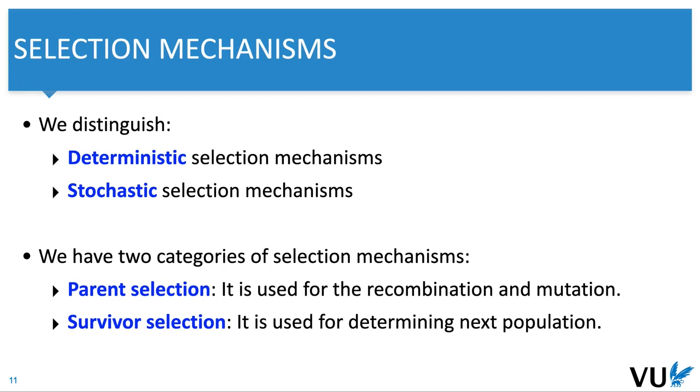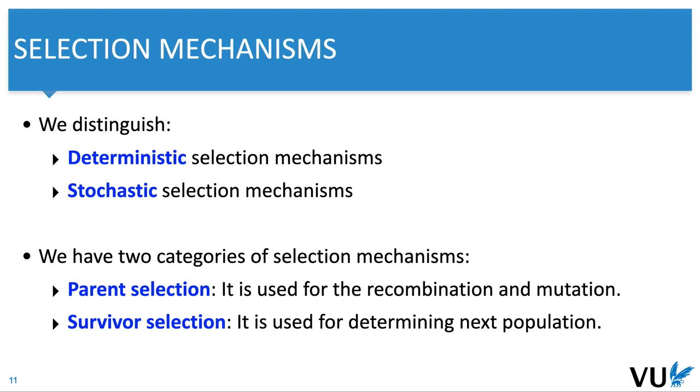And also we will distinguish two categories of selection mechanisms. Parent selection, so for instance, for recombination and mutation, we can select which parents, which candidate solutions, which individuals from the old population are used to modify or generate new individuals.